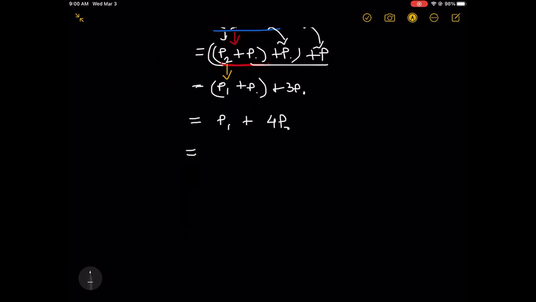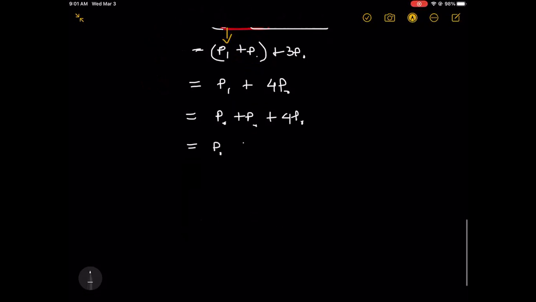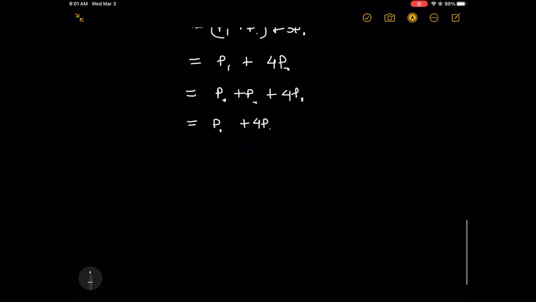So P1 would be P naught plus P naught, plus 4 P naught, using the same formula, of course. So it's P naught plus 4 P naught. Five P naught.